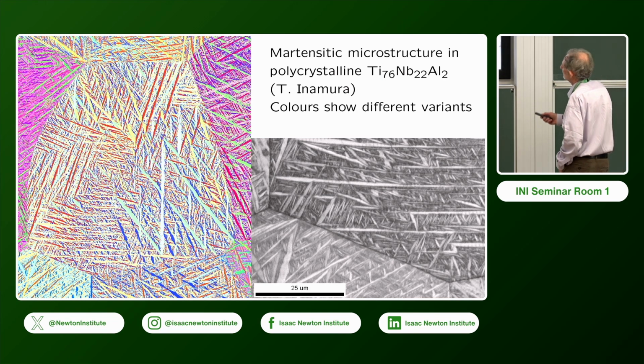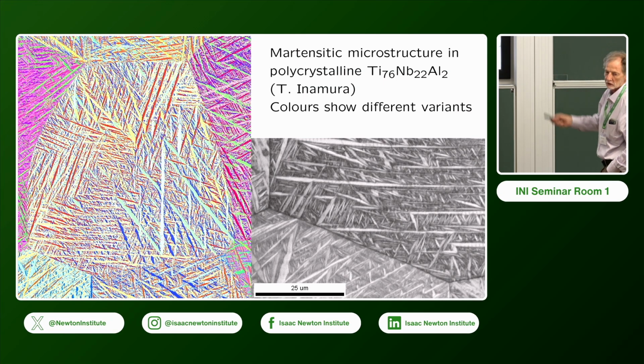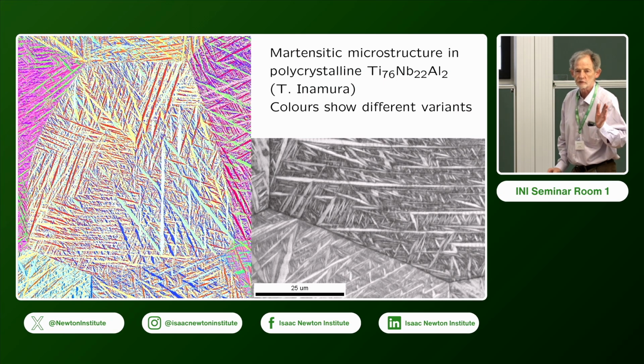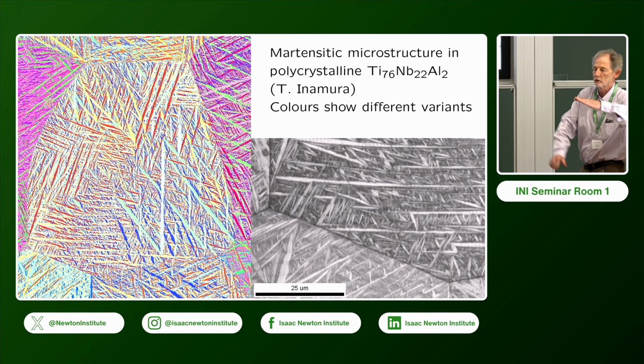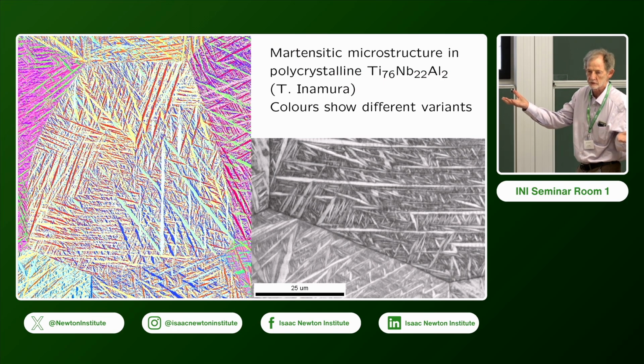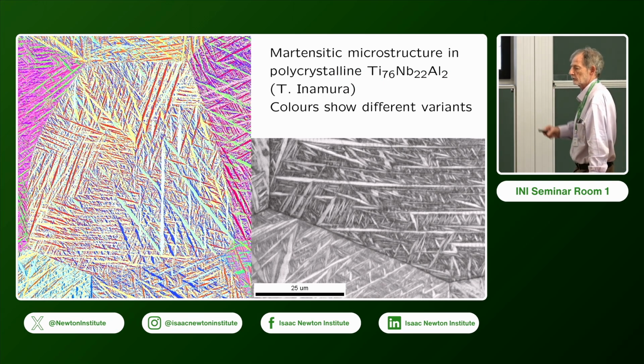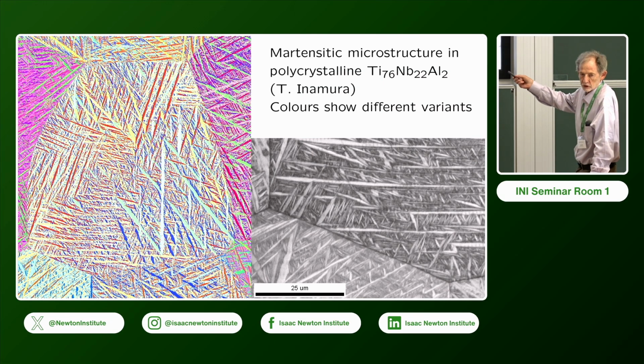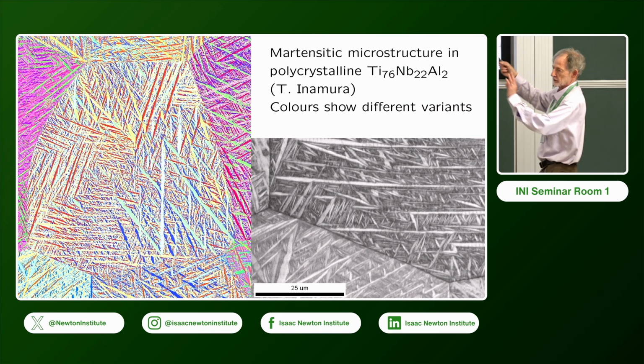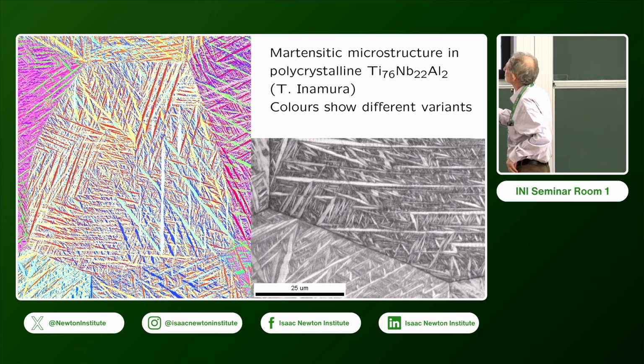Roughly what we're seeing here is the result of a martensitic phase transformation, so that when you reduce the temperature through a critical temperature, the underlying crystal lattice changes shape. It can change shape in different crystallographically equivalent ways, and you may choose different points in the material to change in one way, and they all have to fit together geometrically.